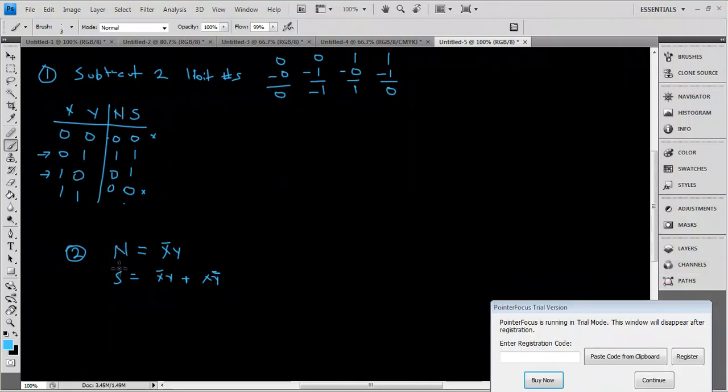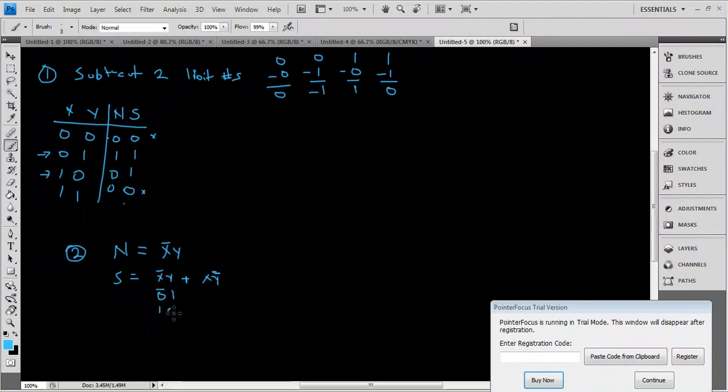And hopefully by now you kind of get, like I said in the first video, it'd be great if you understood that this meant I want S to be true when X is 0 and Y is 1, or when X is 1 and Y is 0, because when this is 0 and that's 1, but the X gets flipped to a 1 with that line, that turns that into a 1.